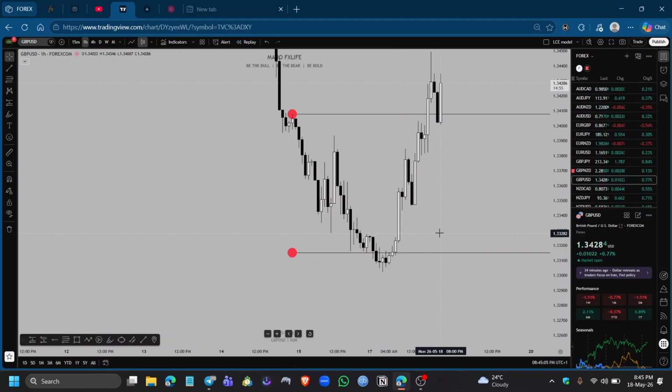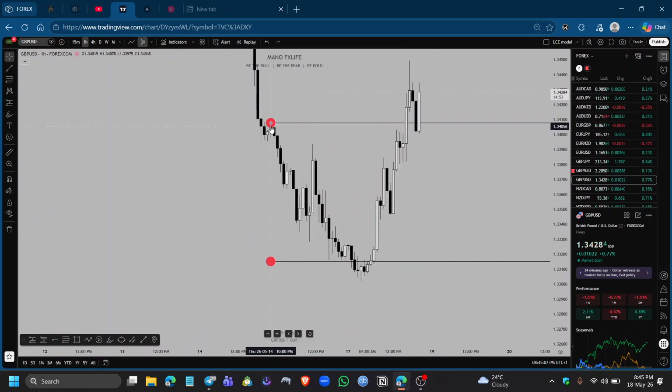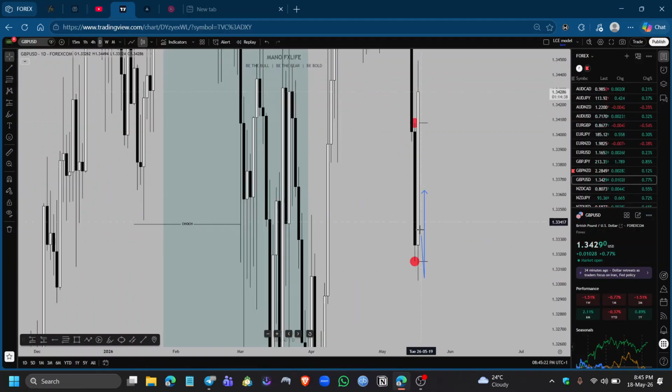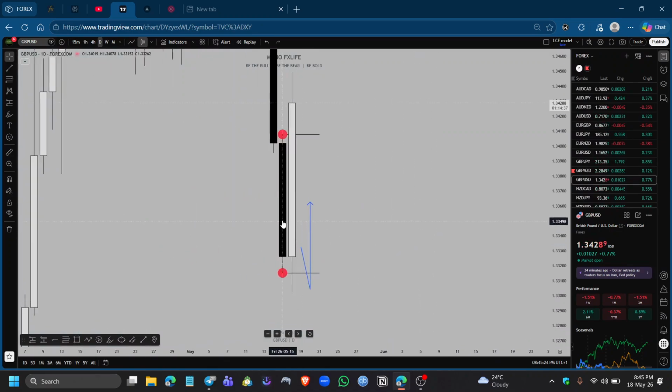So you mark out yesterday's high, you mark out yesterday's low. We see the market trade into it, sweep it, and start reversing. What we go to do is go to our 15 minute time frame. Mind you, this is happening from the 1 hour. As you can see, this happened on the 1 hour.